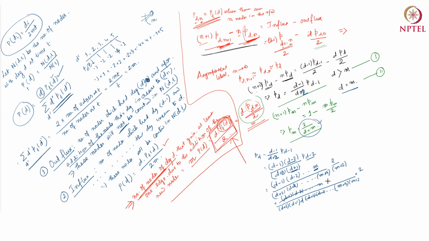But we need to multiply this one right here. If you multiply here m and m plus 1, then this and this will vanish. So we'll have 2m into m plus 1 divided by d plus 1, d plus 2.